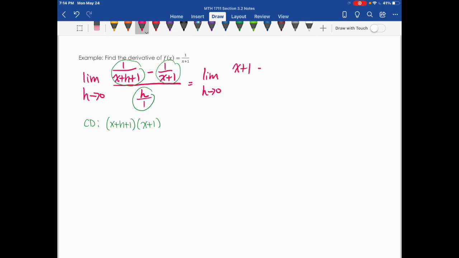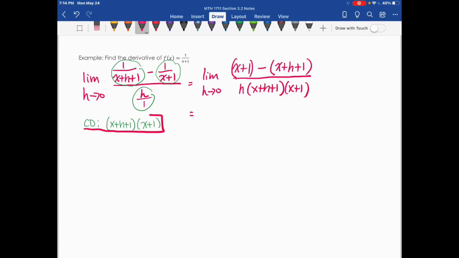And when I do that, I'm left with x plus 1 minus x plus h plus 1 all over h times x plus h plus 1 times x plus 1. Okay, so I just multiplied the top and the bottom by this common denominator here.